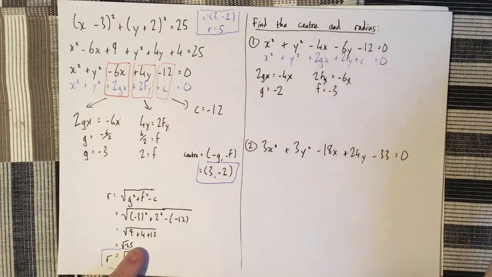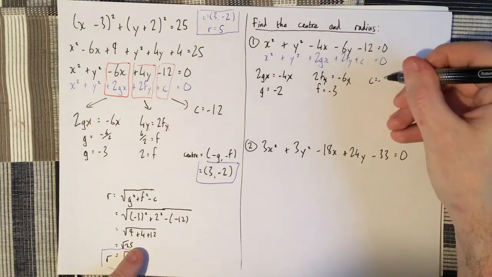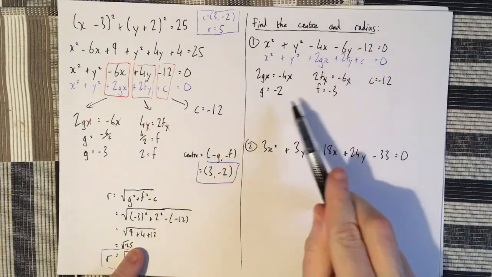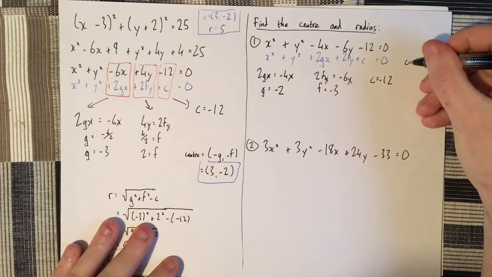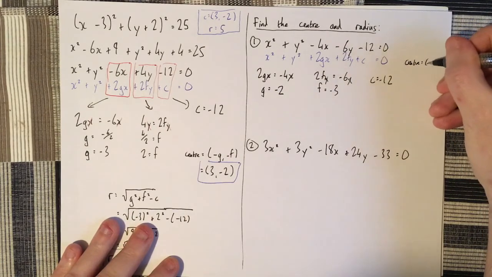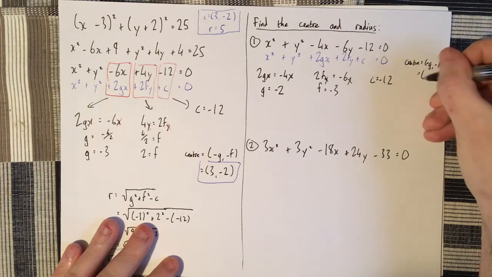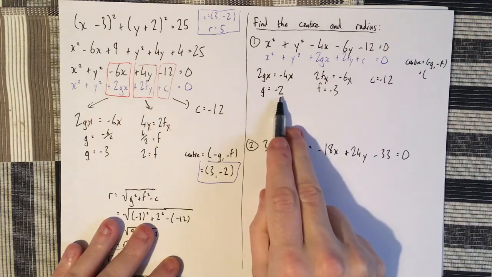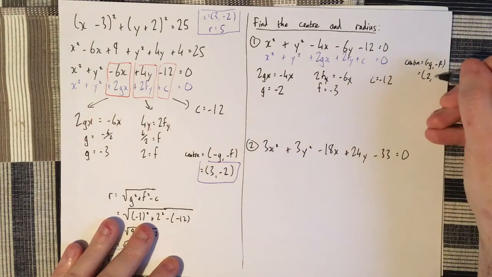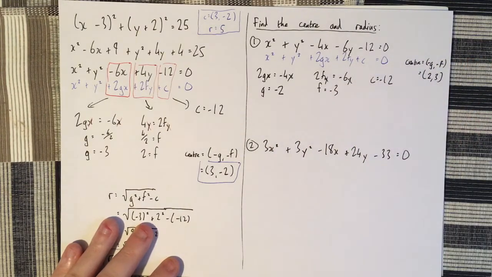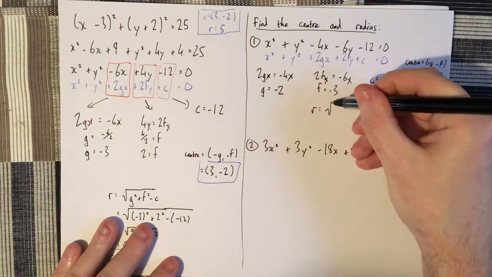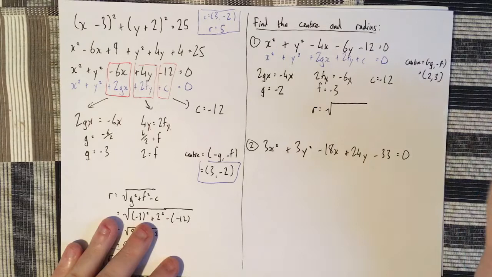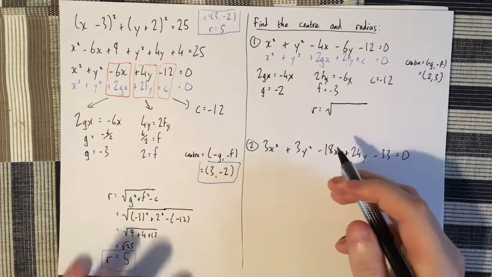And c is equal to minus 12 again. So my g is minus 2, my f is minus 3, my c is minus 12. So my center is minus g, minus f. So that's going to be plus 2, plus 3. So 2, 3 is the center of that circle. My radius then is going to be the square root of g squared plus f squared minus c.